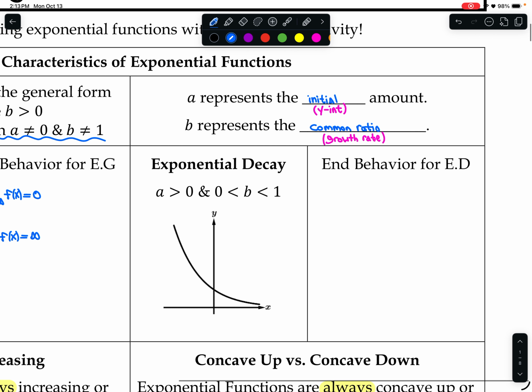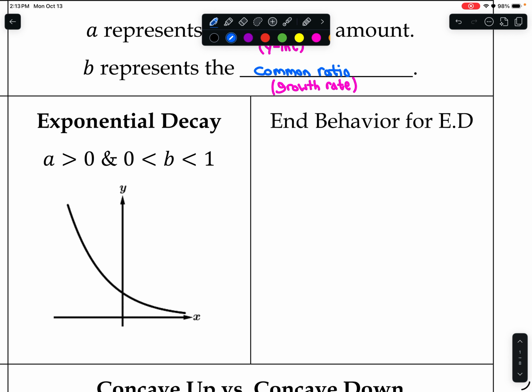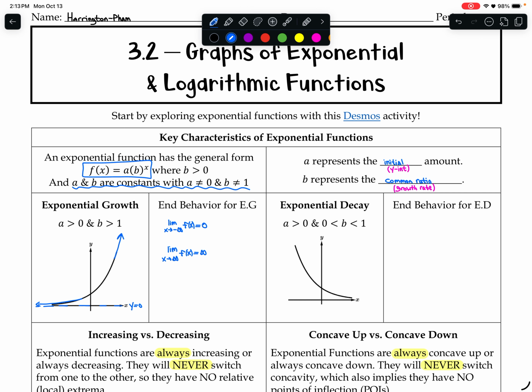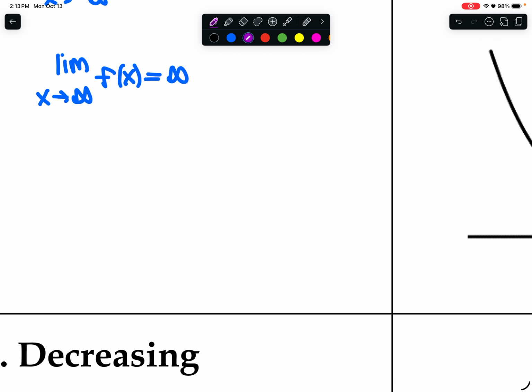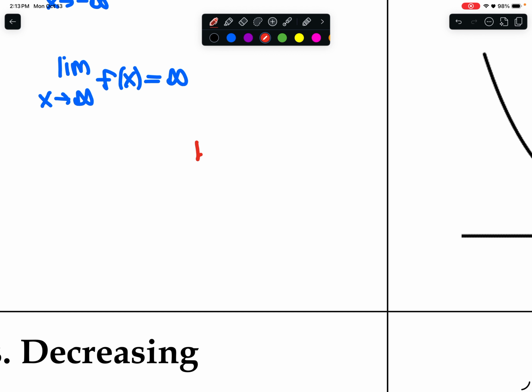Now, looking at the next one, we're going to look at what we call an exponential decay. To determine the difference between an exponential growth and decay, we're looking particularly at the b value. If your b value is greater than 1, that's an exponential growth, whereas if your b value is between 0 and 1, that's an exponential decay.